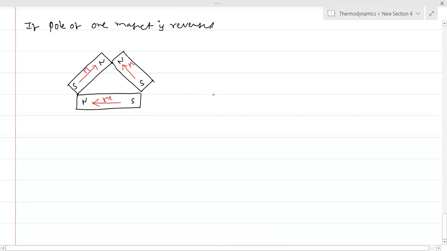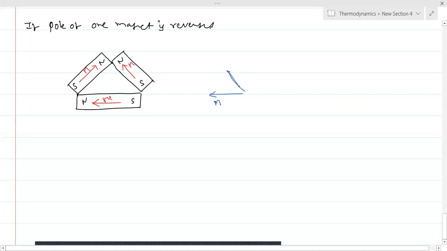So generally, I'm taking it in the form of vectors. This is magnetic moment M, and this is magnetic moment M.